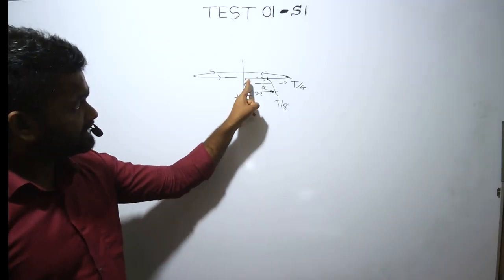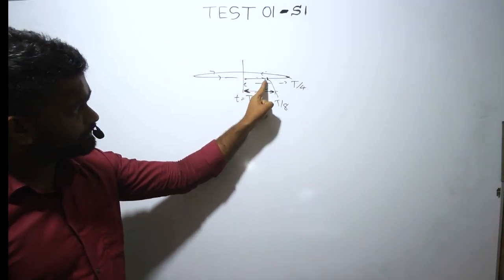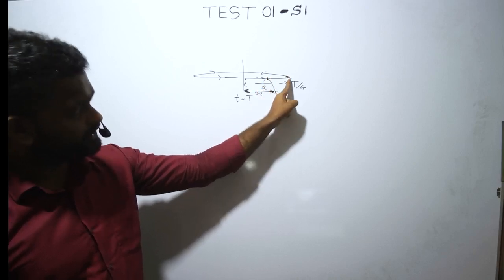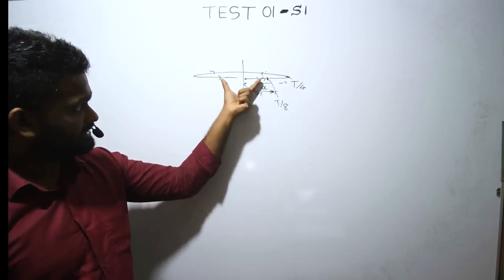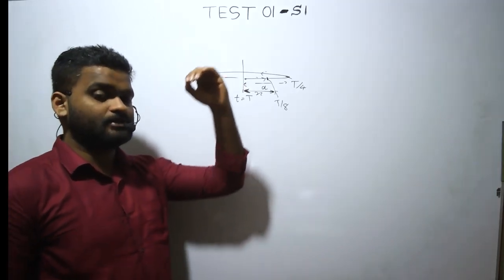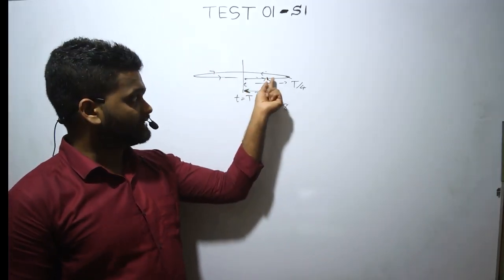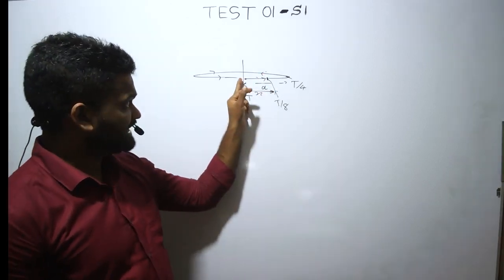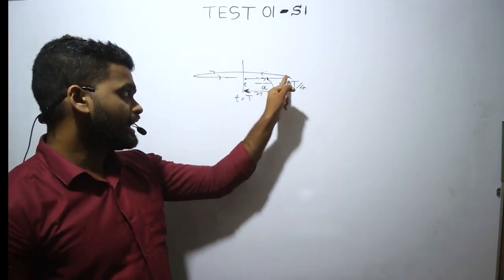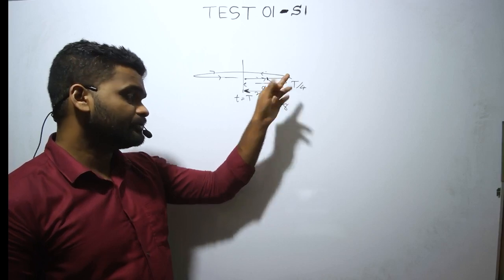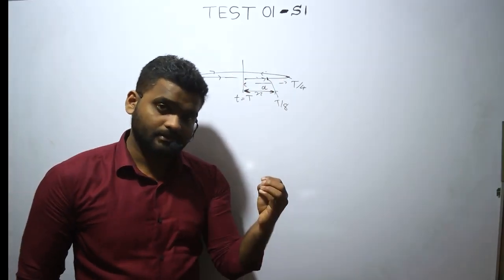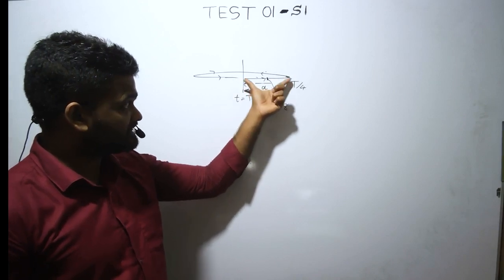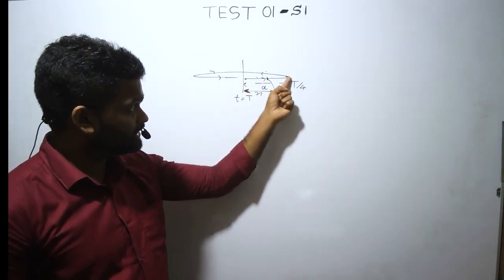The average displacement from here to here is higher compared to here to here, because in this region the average speed is higher. At the center we have the maximum speed, and at the amplitude the speed is zero.